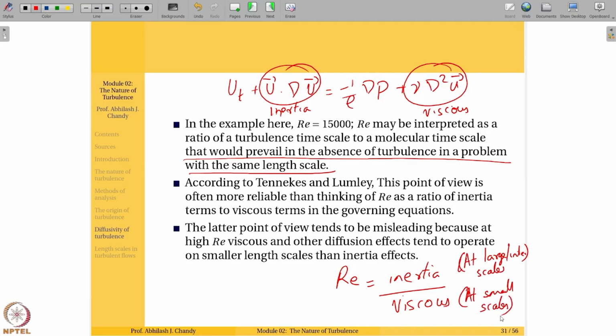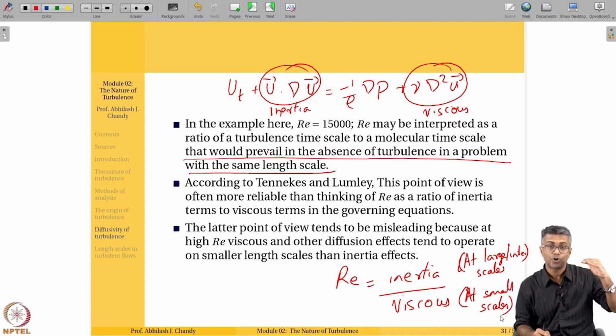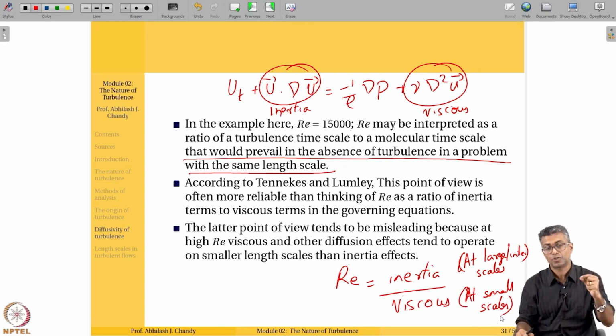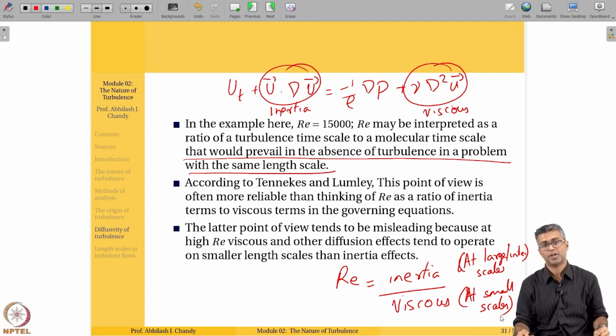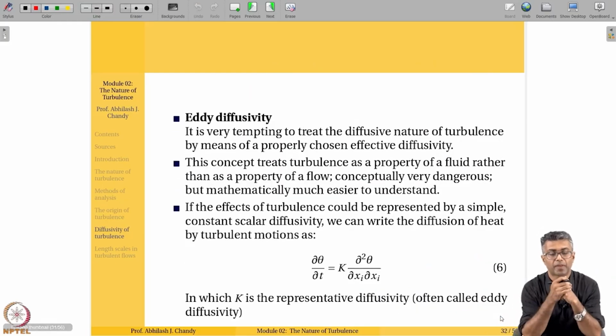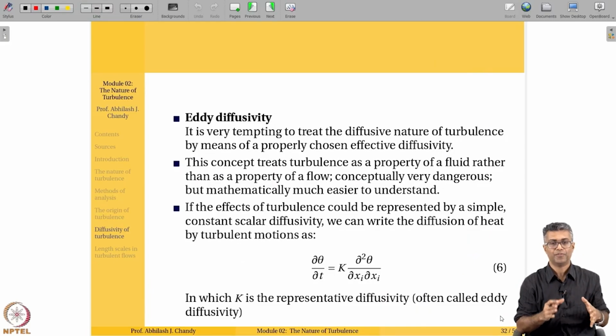So then we are comparing two quantities that are dominant at different ranges of length scales. So is it fair to consider the Reynolds number as a ratio of those two terms, is what Tennekes and Lumley are arguing. What they are saying is, why don't we just consider it as a ratio of time scales, the turbulent time scale to the molecular time scale. That's their argument. So that takes us to this concept called eddy diffusivity.